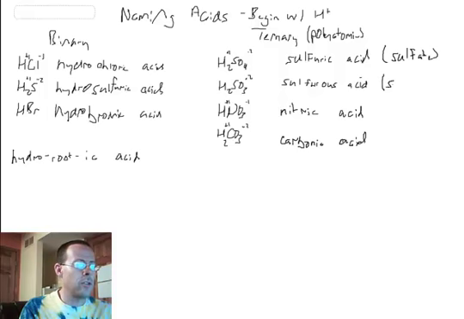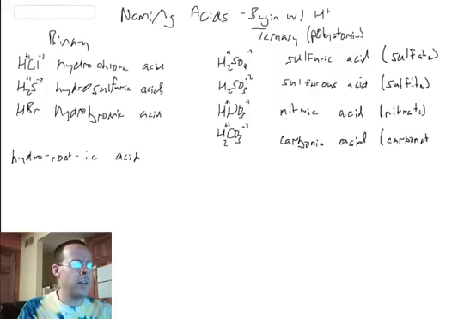H2SO3 is the sulfite ion. Nitric acid comes from the nitrate ion. And lastly, carbonic acid comes from the carbonate polyatomic ion. It's just each of these polyatomics with hydrogen.